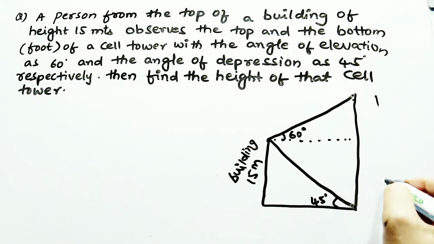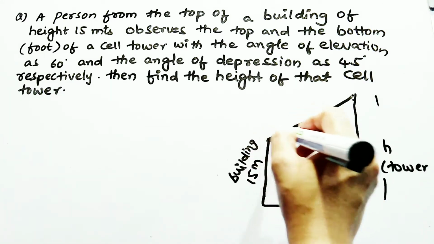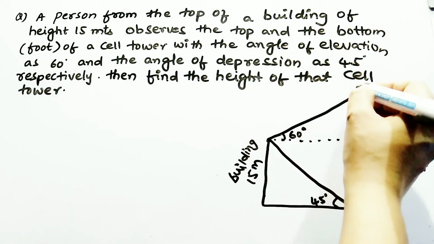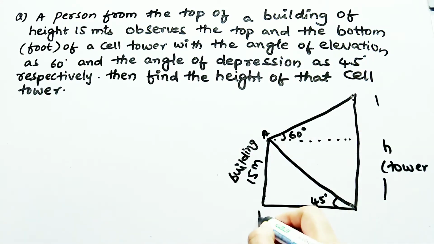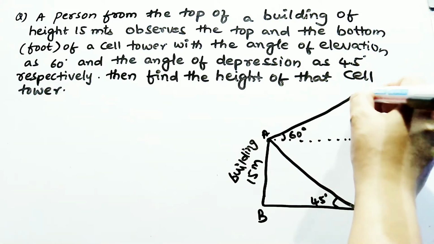The height of your cell tower is assumed as H. This is your tower. Just give the names, suppose A, B, C, D and E.